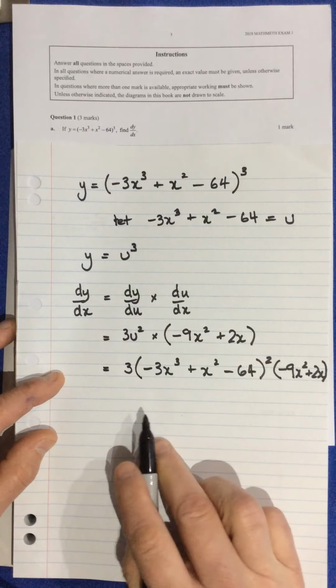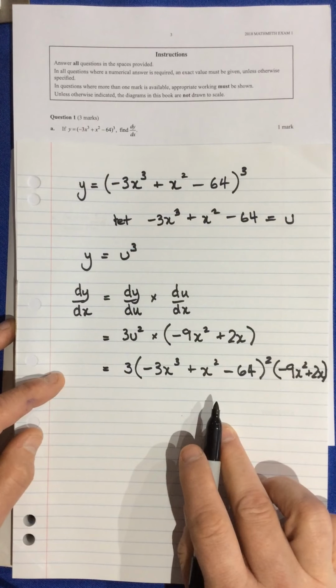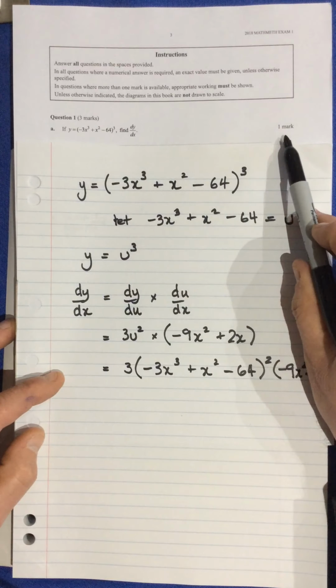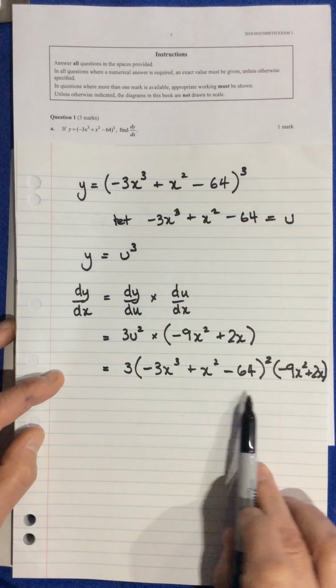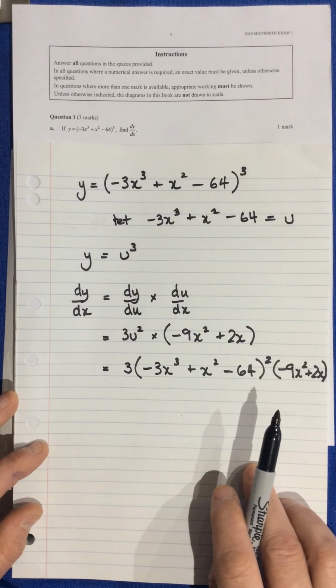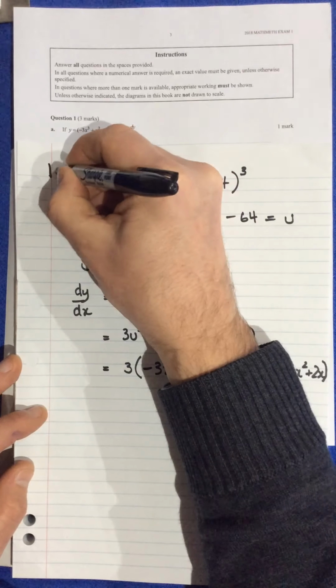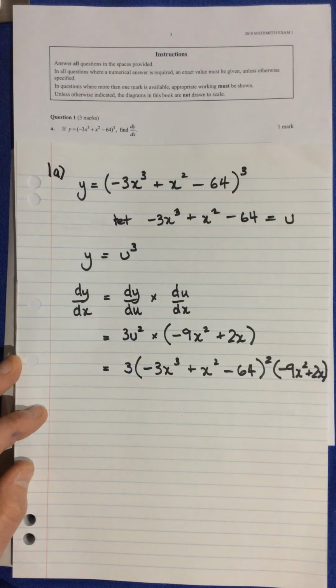Sorry, I'm getting a bit squeezed up there on the page. And that's it. The question's only worth 1 mark, and so I don't need to do anything else. We don't need to expand or anything else with that particular question. So that's 1 part A. Should have done that at the start, 1A.